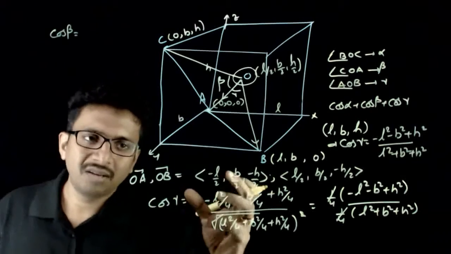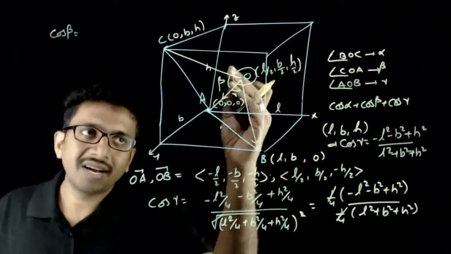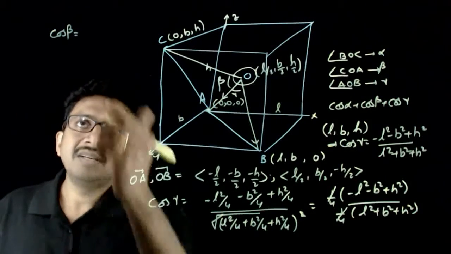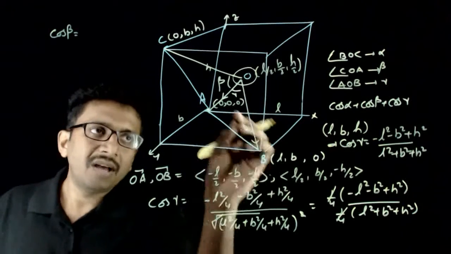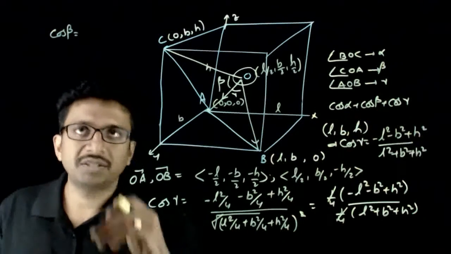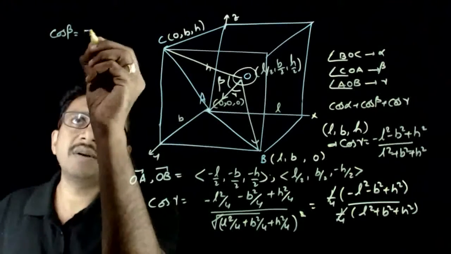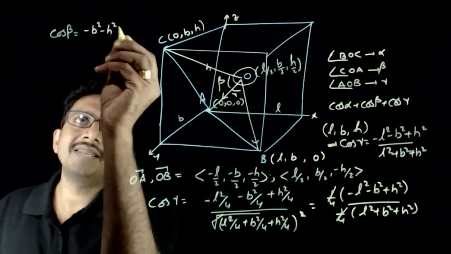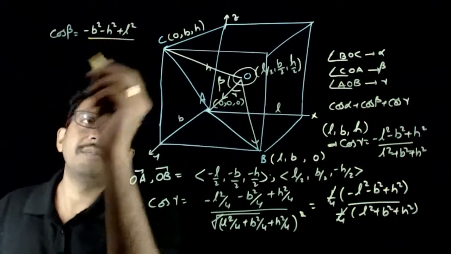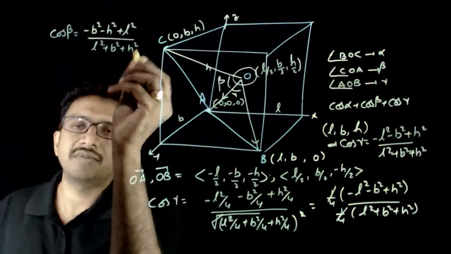If you find OC bar and OA bar and the angle between them, gamma is related to L and B, so you get minus L square minus B square plus H square. In cos beta you have minus for B square and H square, so minus B square minus H square plus L square by L square plus B square plus H square.